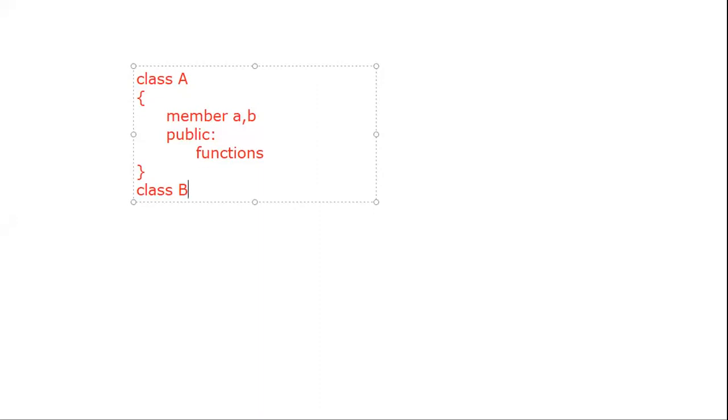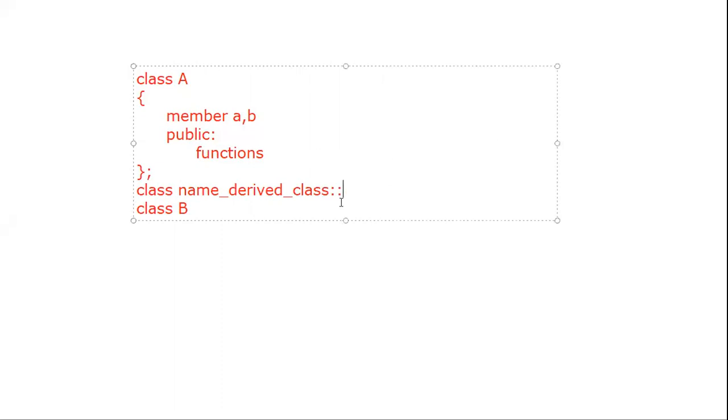Class B, scope resolution operator, and then class A. For that particular purpose, one syntax is available. First is the keyword class, then the name of the derived class, then by using the scope resolution operator, we are going to access the properties or functions from the upper class.